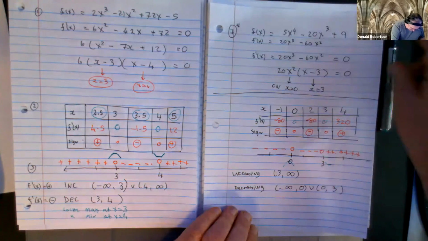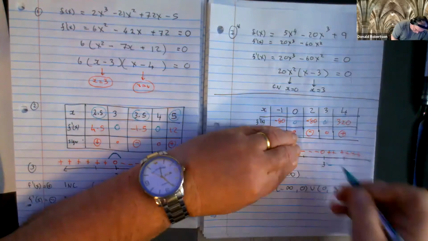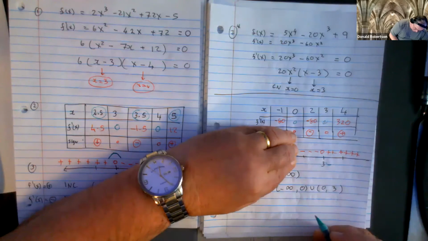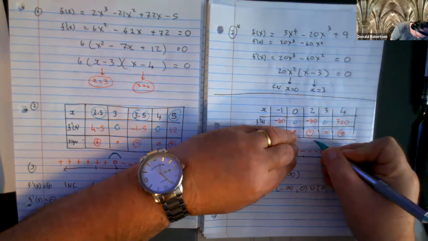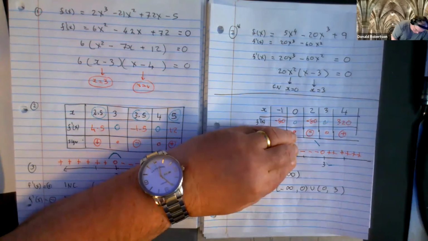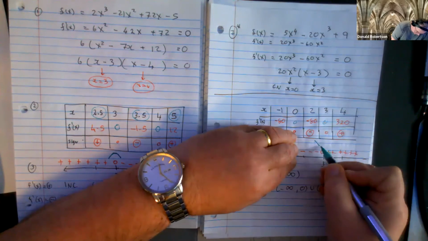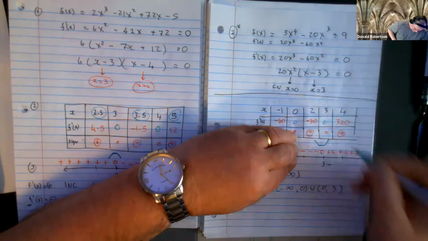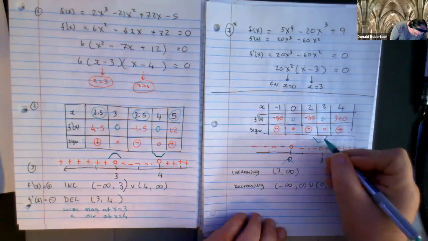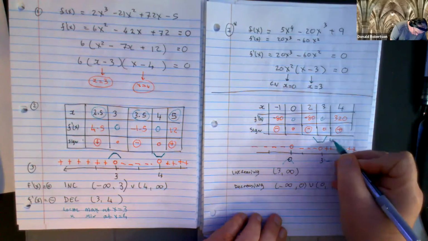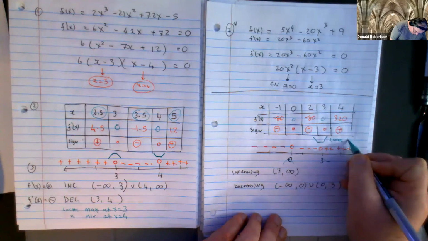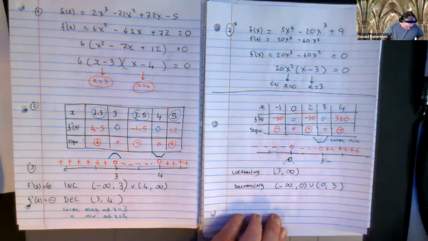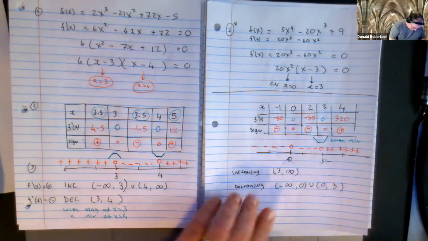Now, since I've got this picture, let's focus on what's happening at x equals 3. Well, it's negative, so it was sloping down. It's decreasing. Horizontal at 3, and then positive, it was increasing. And that tells me that at this point here, we have a local minimum. Now let's look at this weird shape.